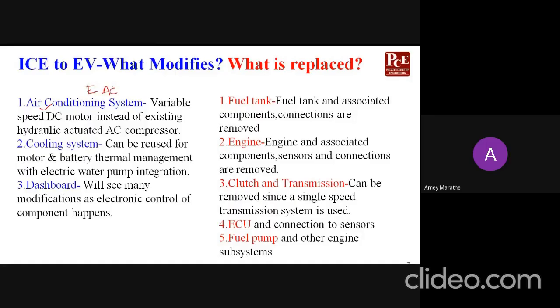We can shift to a variable speed DC motor instead of the existing engine-driven AC compressor, because running the compressor uses energy from the engine, so that can be replaced by a motor.